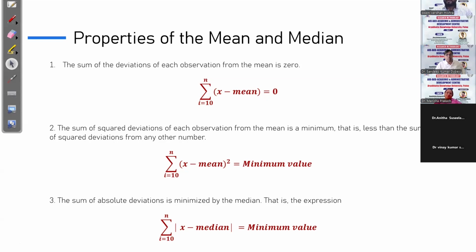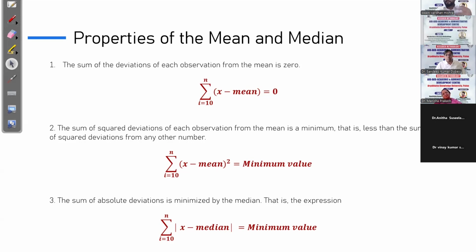When you sum the x minus mean, say you have 10 data, you find the mean and you subtract it from each value, the value you will get is the minimum value.